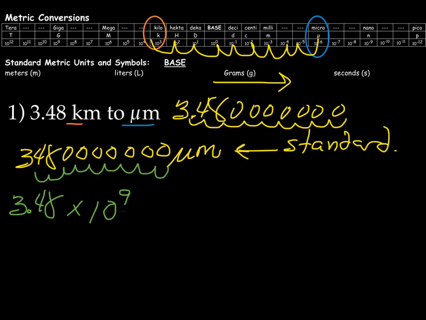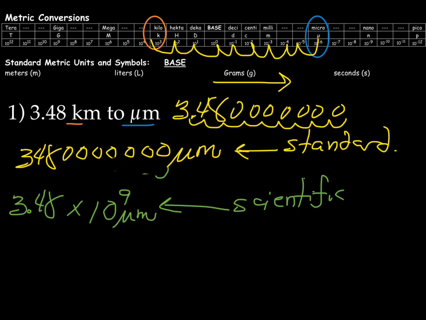And it's going to be a positive exponent, because our original number was a big number, 1 or bigger. Okay, and this is scientific notation. And again, I forgot to write the unit. That'll get you in trouble on a quiz. All right, let's get rid of all this stuff so we can read everything. Okay, so there are the two answers for number 1.